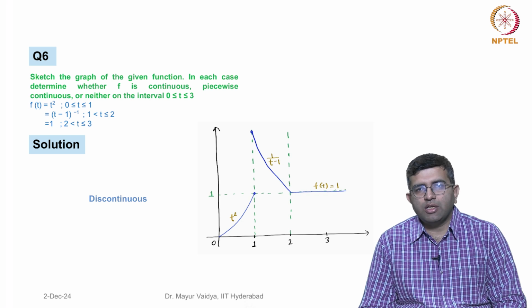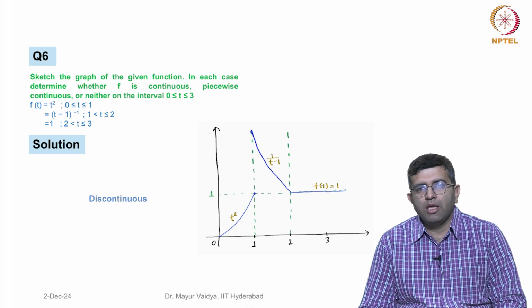So you see here that in the interval 0 to 1, it is t square. So this is how the graph would be. This horizontal line corresponds to the value of 1. Then in the next interval 1 to 2, it is 1 by t minus 1. So that means when I put just a small number 1 plus delta, or if I put 1 in this function, it goes to infinity.